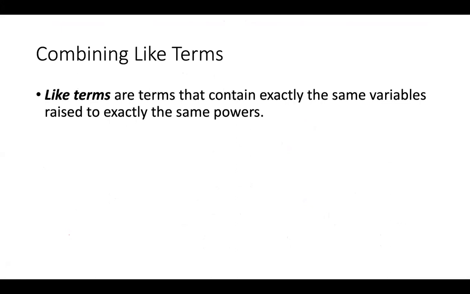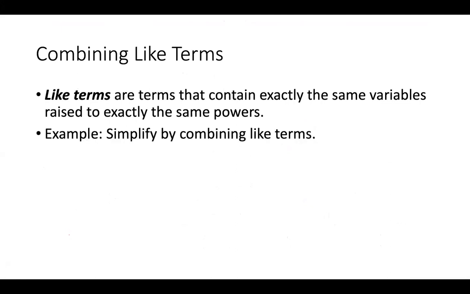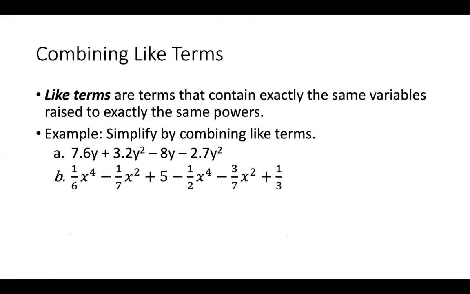And now that I think about it, I think we talked about some of this stuff at the beginning of chapter 2. I seem to remember going over some like terms there. All right, so for example, if we wanted to simplify these two polynomials by combining like terms, we can do that. Let's go back to the tablet.